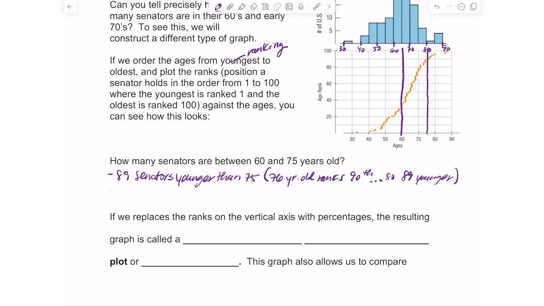So there's 30 senators younger than 60 because 60-year-old senators are 31st to the 36th.